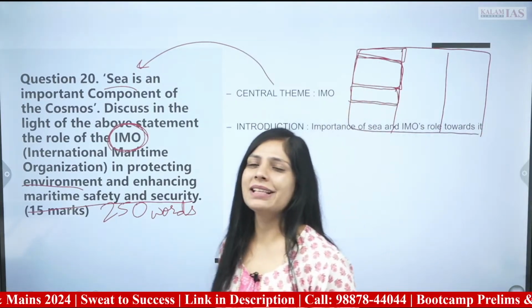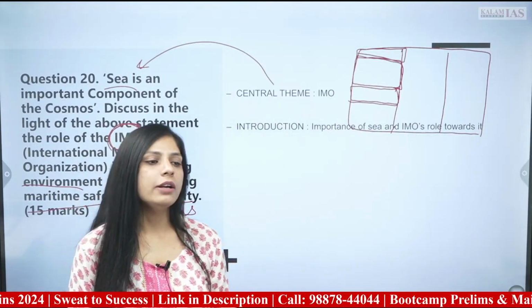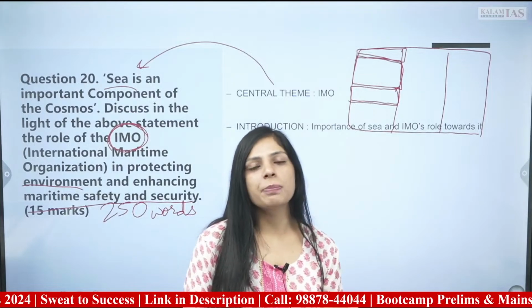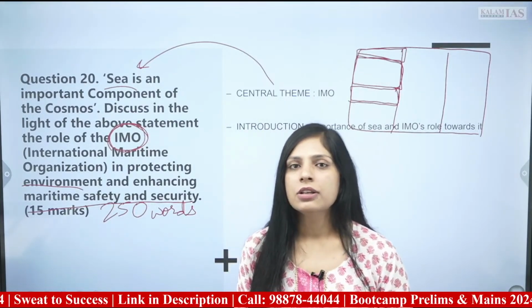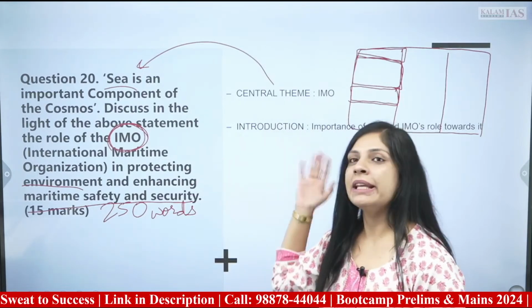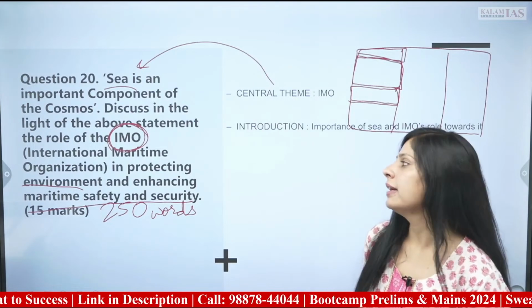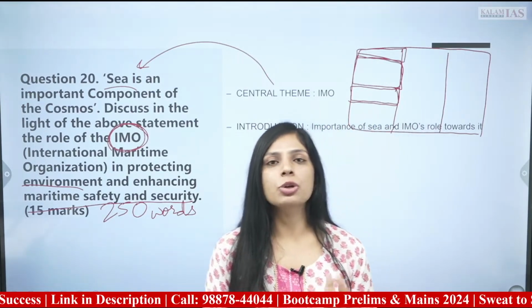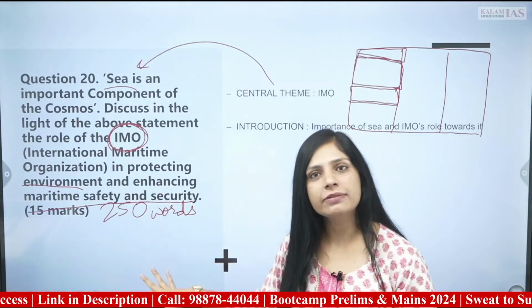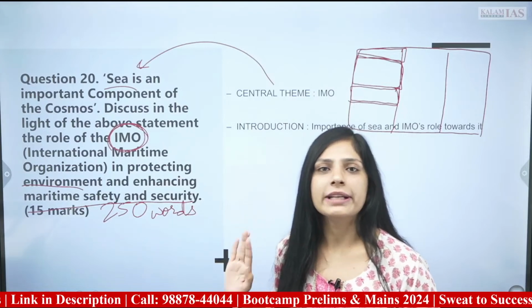You can highlight some principles which IMO is working upon, or how IMO is playing its role. You can take some measures of that. So just remaining in sync with the question, you can add one more dimension to it, that IMO is playing a major role, but for the demands of this question, you would be restricting yourself to these 2 points, right?